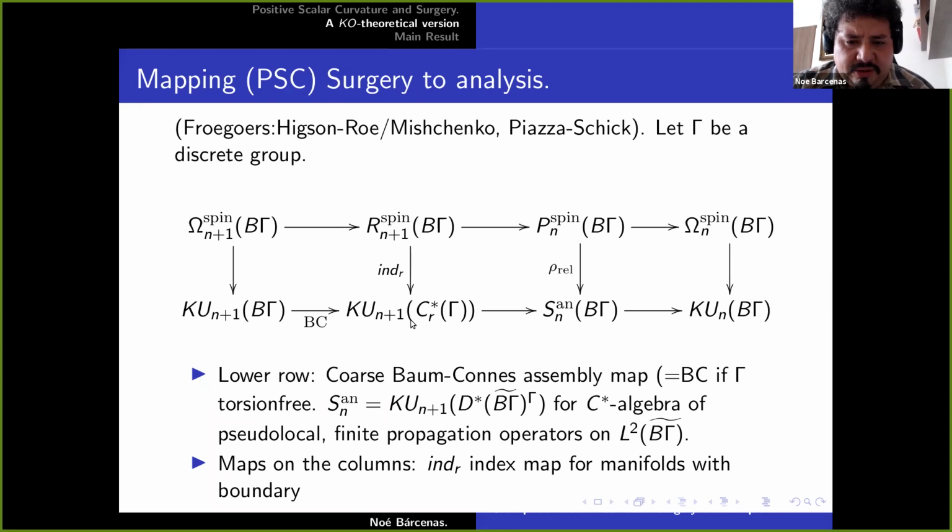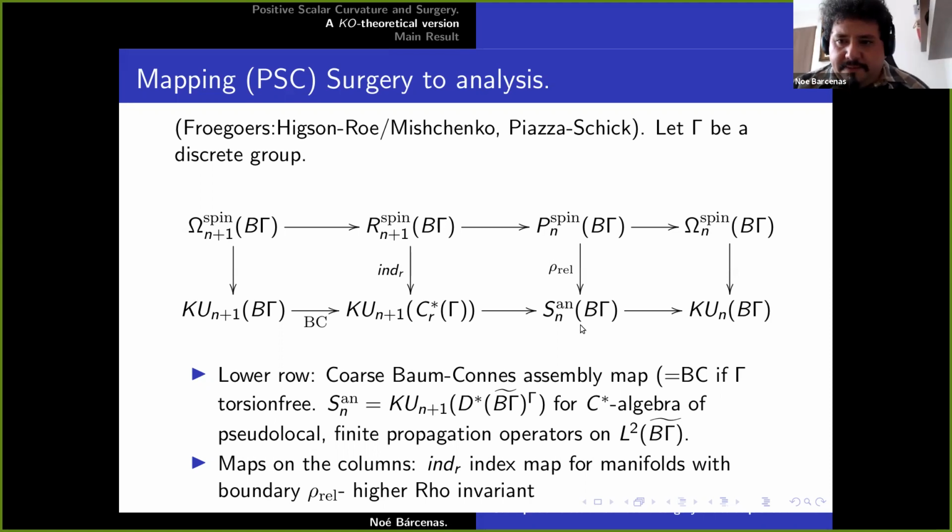And then, as I told you, the index maps for manifolds with boundary. This is the left-hand side. And then rho is the higher rho invariant. The foundations of the rho invariant appear in the first equivariant versions of the Atiyah-Singer index theorem, and this is a generalization of that. If you take a manifold, you take the homology in the middle dimension, it has an intersection form, and then you can define a kind of rho invariant in this situation, and this is this map over there.